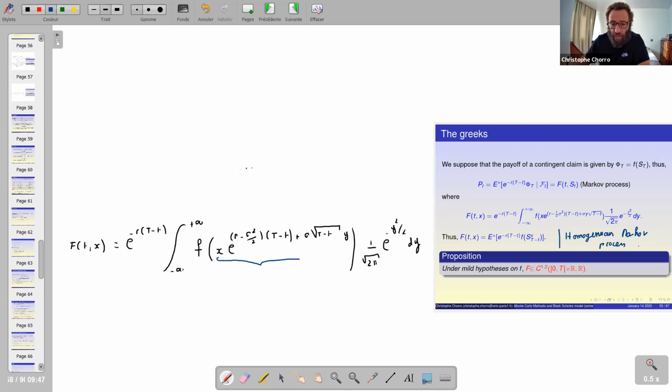If I denote by z this new variable here, I will express my price function as this exponential here. So be careful because here z will be something from 0 to plus infinity, because here you have an exponential. So instead of minus infinity to plus infinity, from 0 to plus infinity, of something that will take the form of f of z.